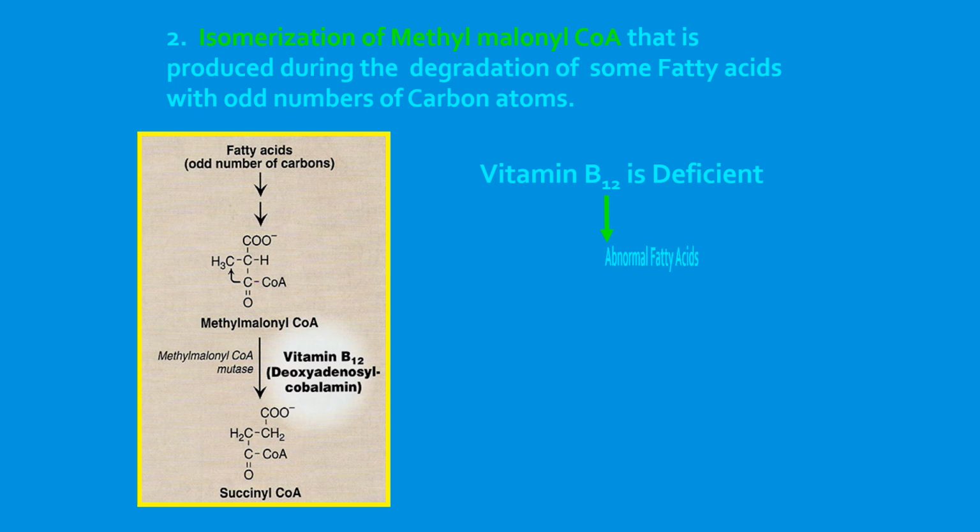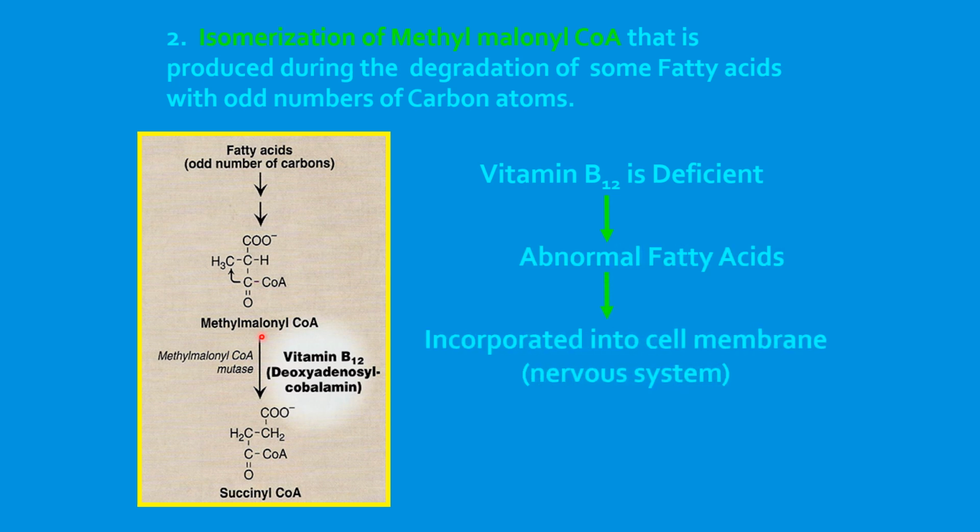Cobalamin is also very important in isomerization of methylmalonyl-CoA. So this is an important reaction in the degradation of fatty acids with odd number carbon atoms, and also in the degradation of branched chain amino acids.